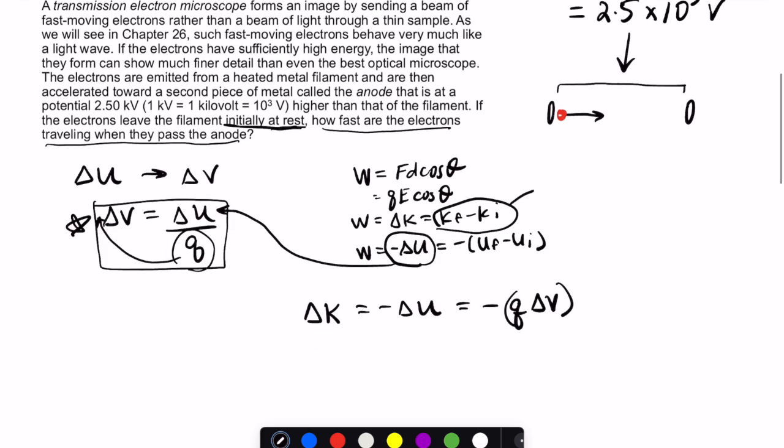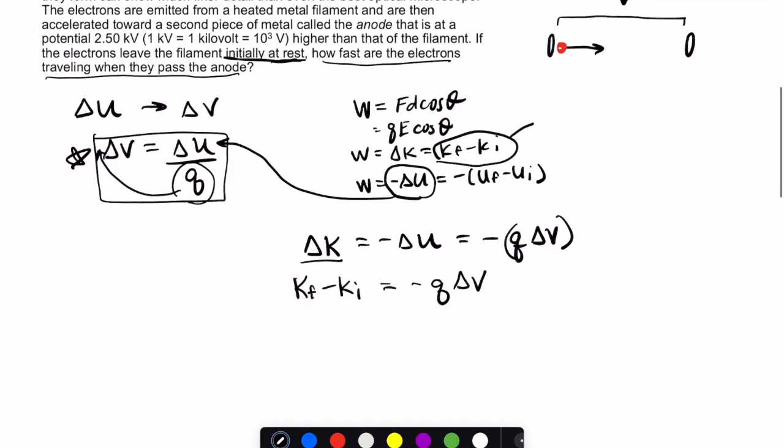Now delta K is kinetic energy final minus kinetic energy initial. And I am told that we're starting off initially at rest, so initial kinetic energy will be 0.